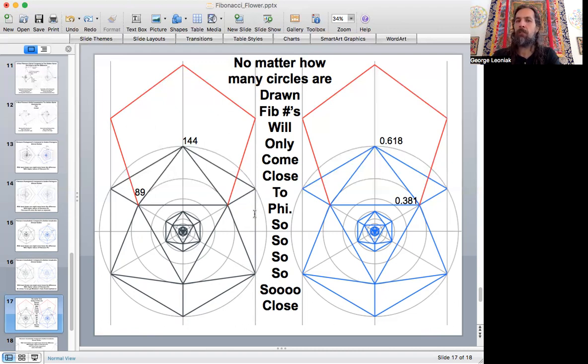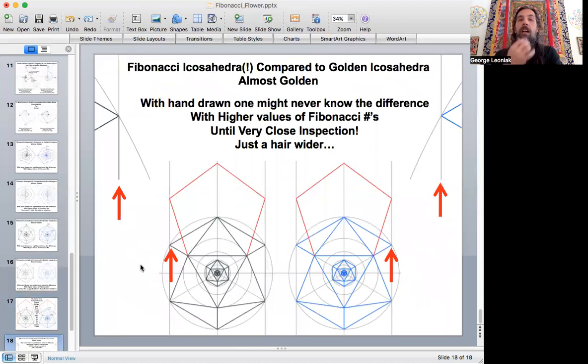But you might notice if you look closely at the sidelines, because what I'll do is draw a parallel line just to see if it will be exactly on top of the edge of this hexagon, which represents the outside of the icosahedron. And if you have a keen eye here, you can see that it's just a little bit wider here, right, when I draw that line through here. So it's ever so close to phi, to being a perfect icosahedron.